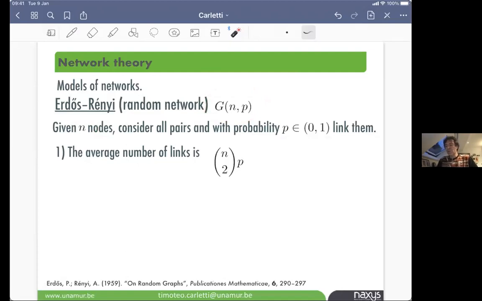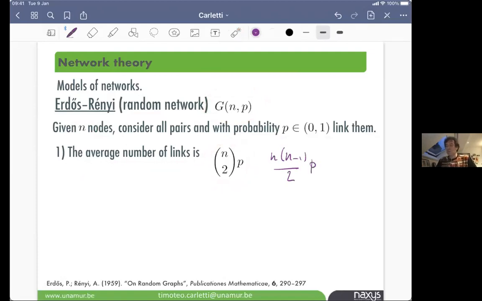You can show easily that the average number of links is given by the binomial n over 2 times p, because all the possible couples of links are given by n times n minus 1 divided by 2, since I'm considering that it's symmetric. Then for each one of those, with probability p, you draw the link or not.